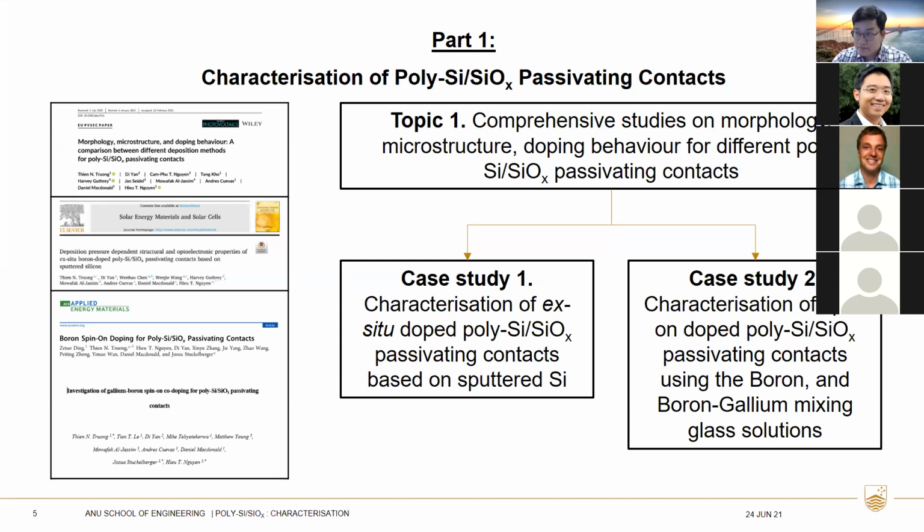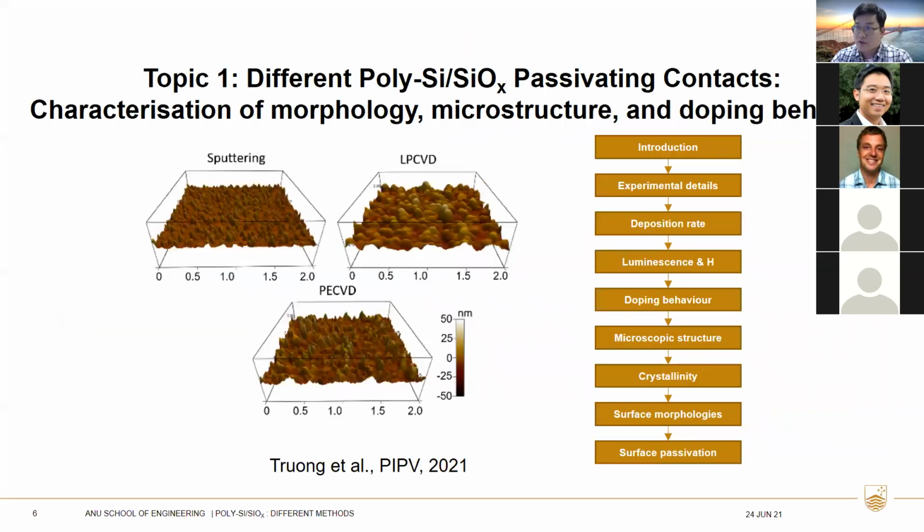This part is based on 4 publications, 3 of them already published and 1 in preparation for journal submission. So let's start with the first topic: different polysilicon passivating contacts, the characterization of morphology, microstructure, and doping behavior.